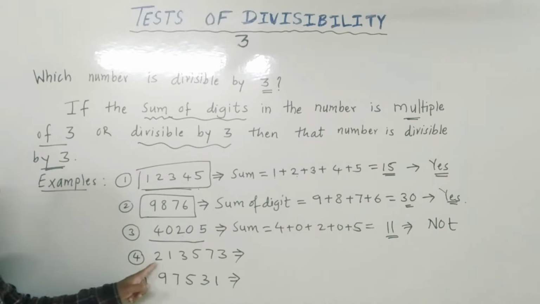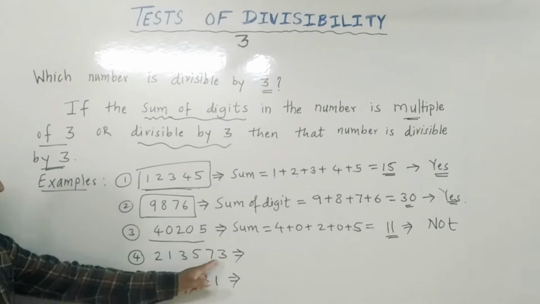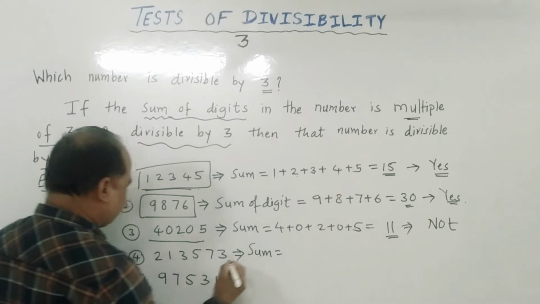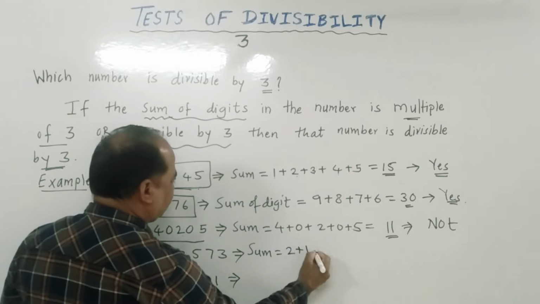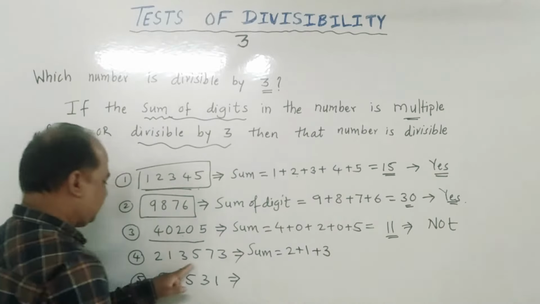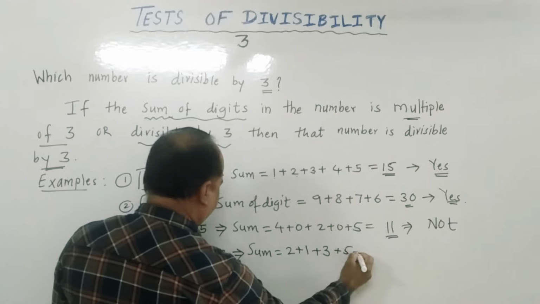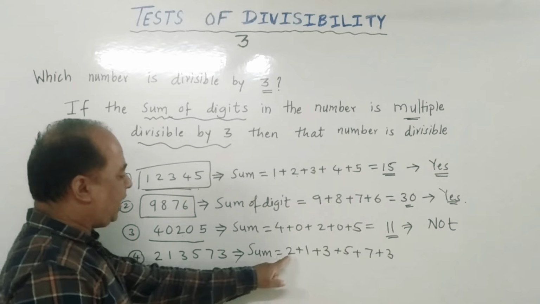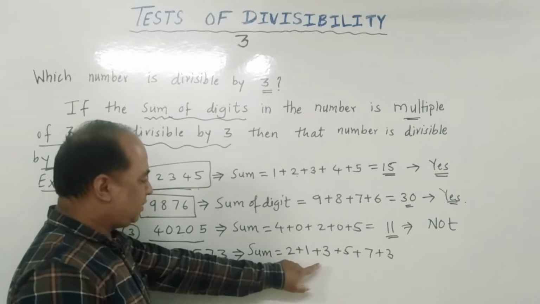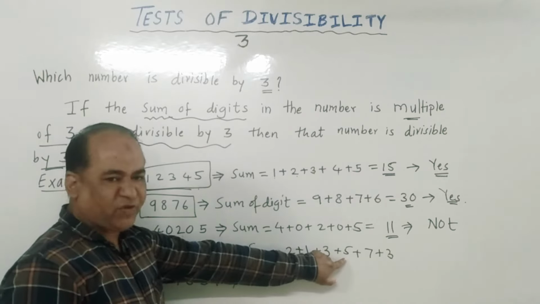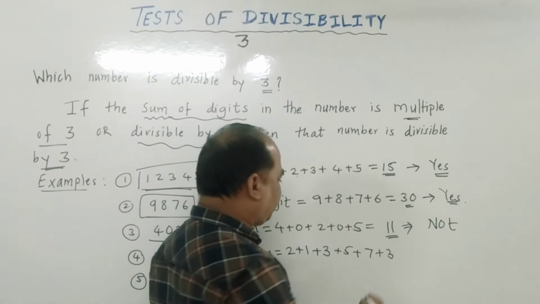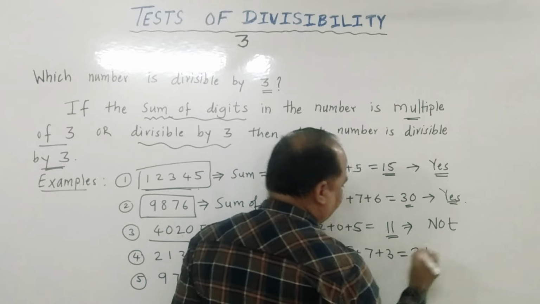Next example, 213573. So sum of the digits is 2 plus 1 plus 3 plus 5 plus 7 plus 3. Now add all these numbers. 2 plus 1 is 3, 3 plus 3 is 6, 6 plus 5 is 11, 11 plus 7 is 18, and 18 plus 3 is 21.